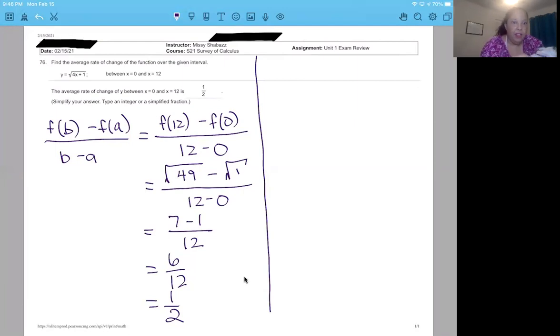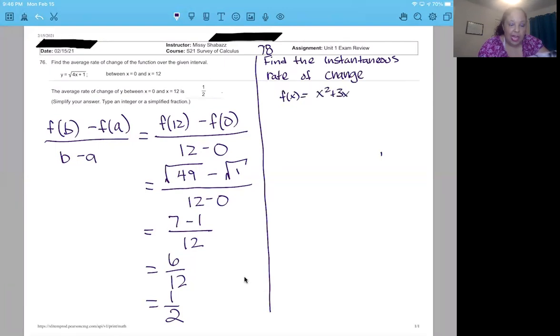Here we go. So find the instantaneous rate of change for the function f of x equals x squared plus 3x at x equals 2.